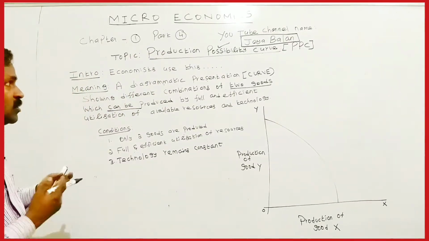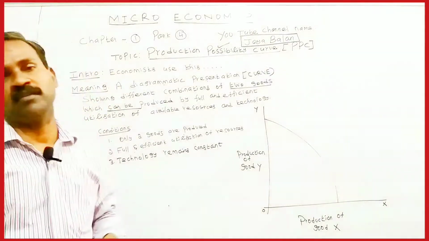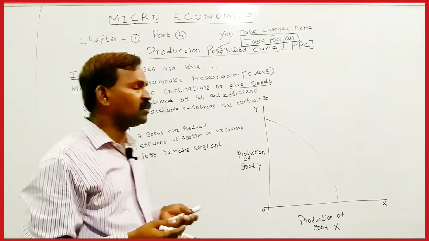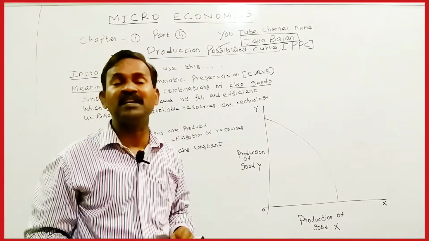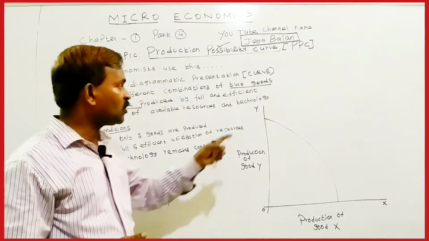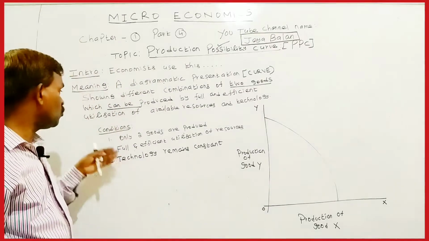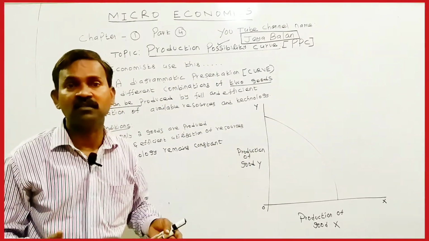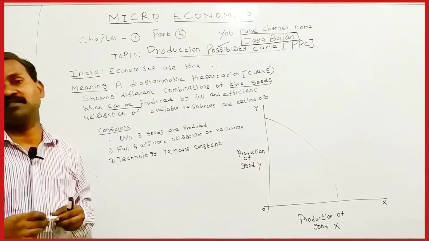Students, when you go through the meaning of this, so many things you will have to learn in depth. Right? Okay. Then we try to learn the technique of PPC, production possibility curve. Before understanding the diagram and its significance, you must know that this concept is understood or learned only under certain conditions.